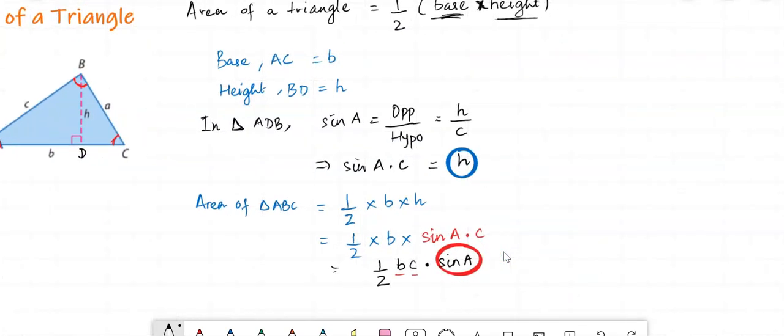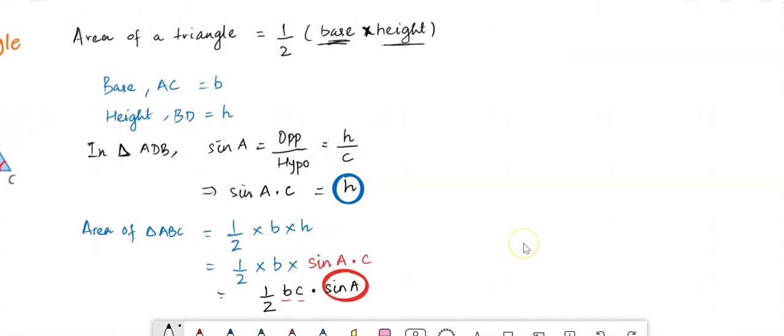So in the same way, you can write the area of triangle ABC in terms of other sides as well. If you want, let's say side A times side B, then you multiply it with the sine of angle C, which is the included angle of those sides.